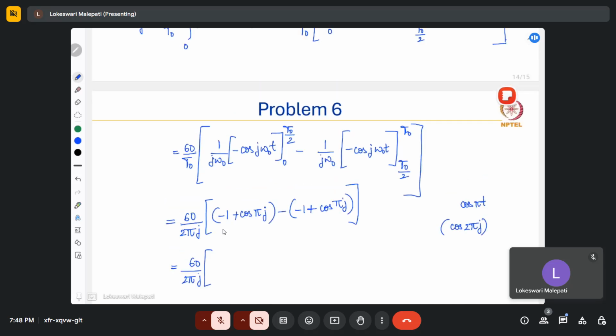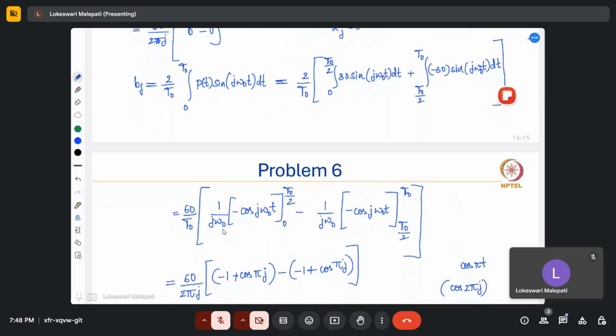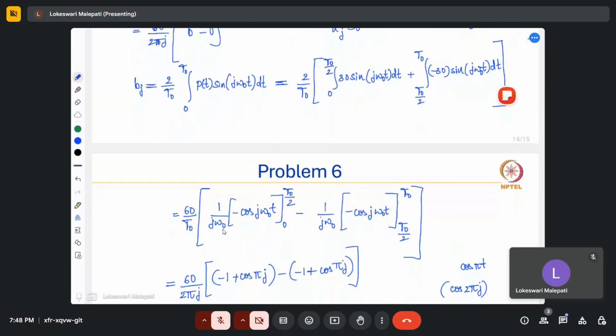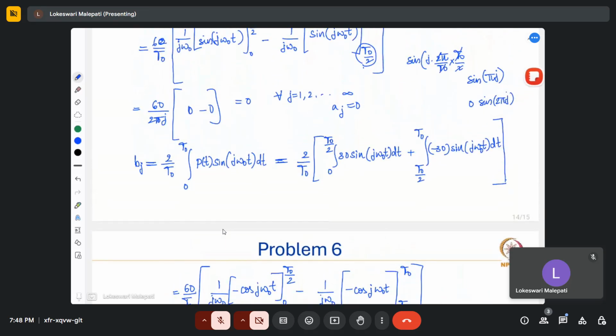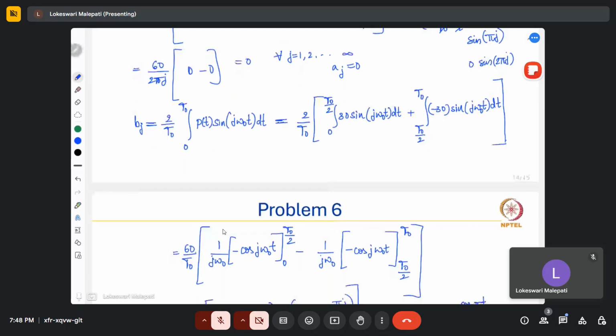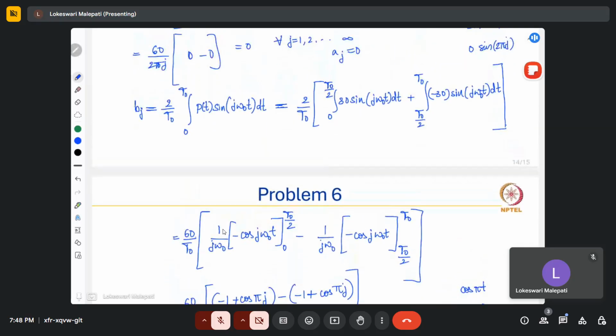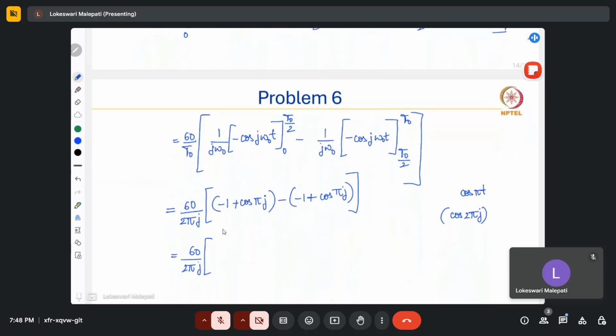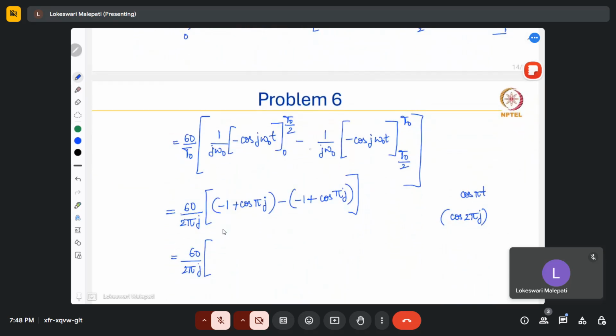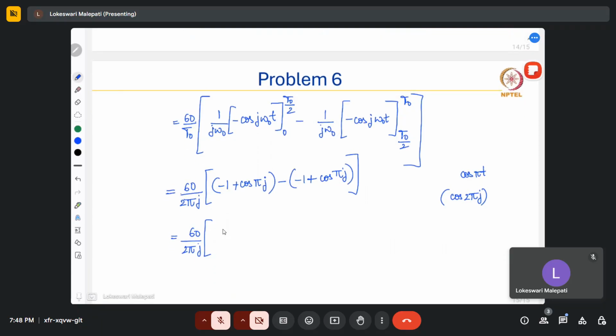Okay, there is some mistake somewhere. So this is minus 1 by j omega naught, and so cos j 2 pi by t naught multiplied by t naught by 2.